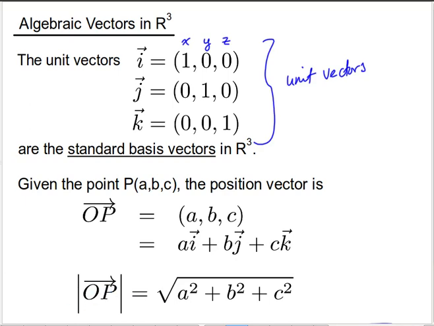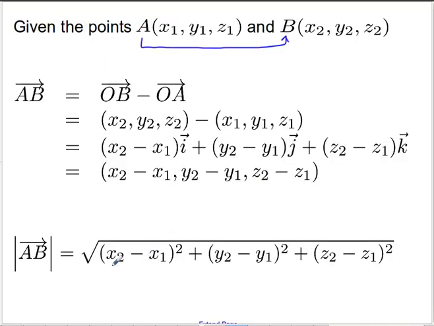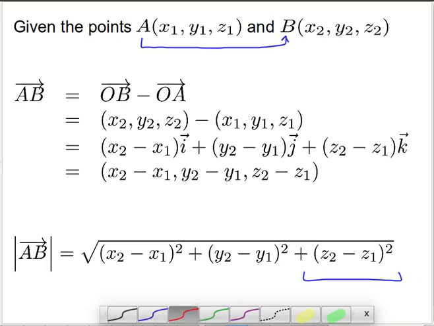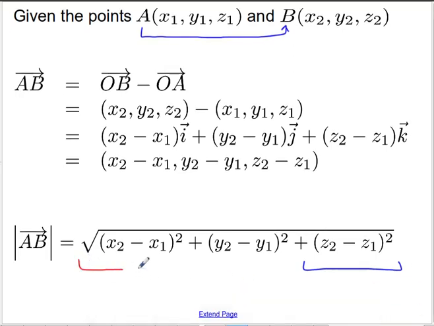Just as I did on the previous page, it turns out that the length of this vector AB has a very similar look to the distance formula, and the only difference is we have this extra third piece, which is due to the fact that we are in R3 and have a third dimension. Otherwise, you may recognize this part as the distance formula.